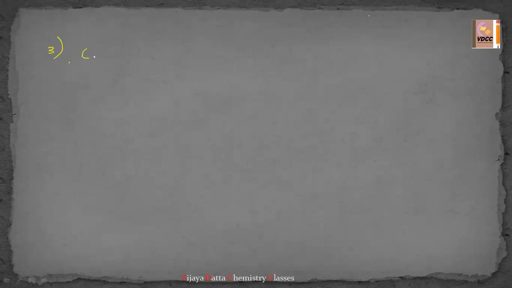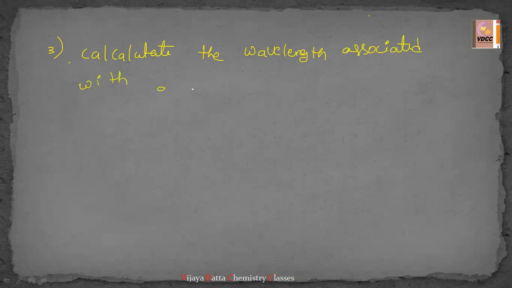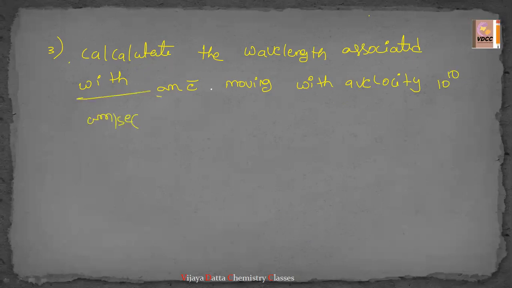Calculate the wavelength associated with an electron moving with a velocity 10 to the power of 10 centimeters per second.